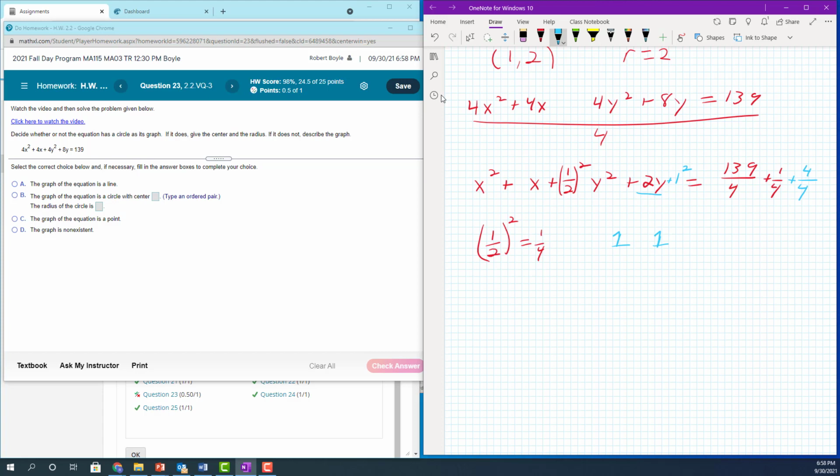Okay, awesome. Now this right here is a perfect square. I forgot the plus over there. That might be helpful. That is going to be x plus 1/2 the entire thing squared. Plus, and then this is also a perfect square. That's going to be y plus 1 the entire thing squared.